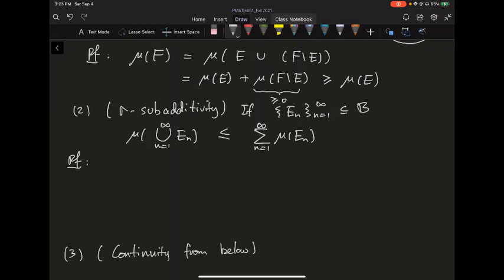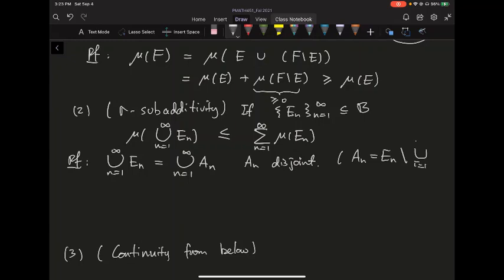So if you recall, the union of n going from 1 to infinity of En can be written as a disjoint union of An, where the An are disjoint. In fact, we have a definition of these An: An is just En minus everything that's inside the first n minus 1 of these Ei.